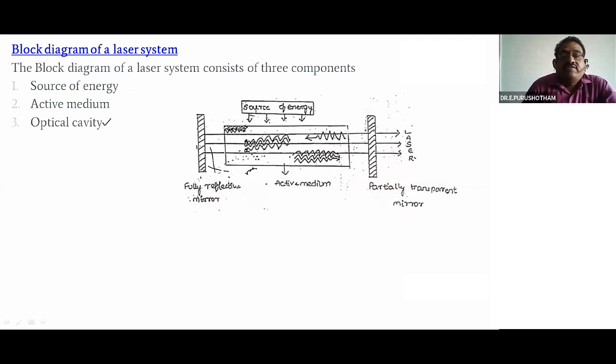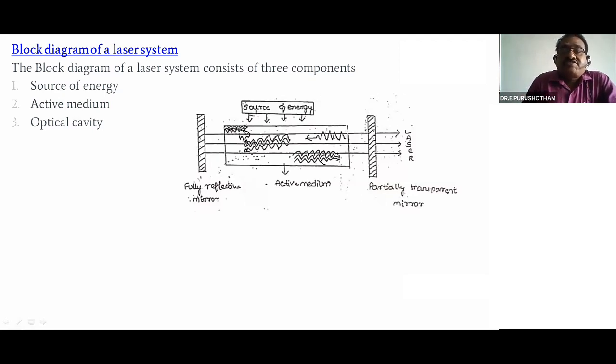The source of energy gives sufficient energy to the active medium. The active medium absorbs all the energy and starts the pumping process. Due to this pumping process, it produces photon radiation.